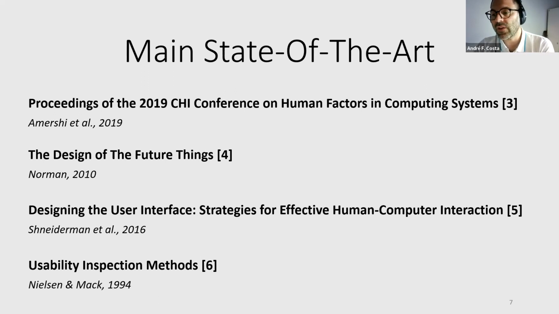The book Design of Future Things from Donald Norman, an American researcher, professor, author, and director of the Design Lab at University of California. He produces a consumer-oriented theory of natural human-machine interaction.